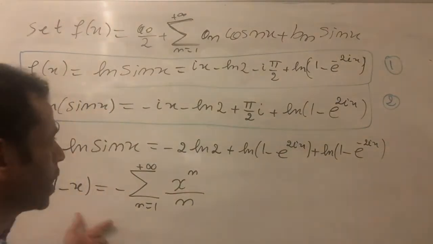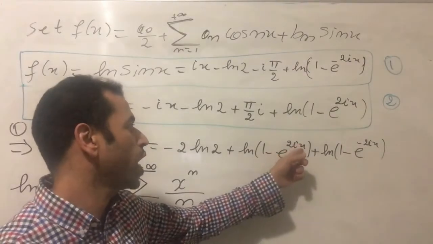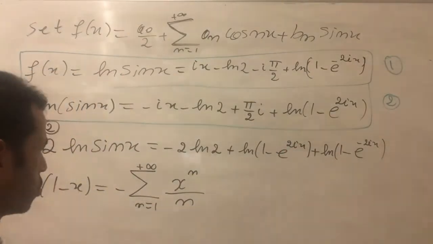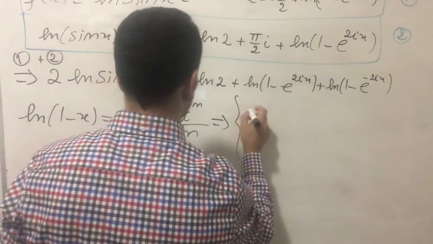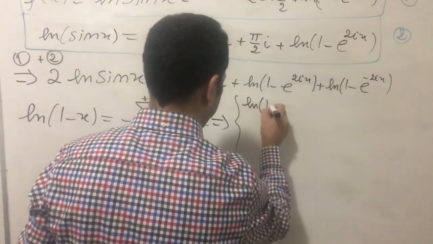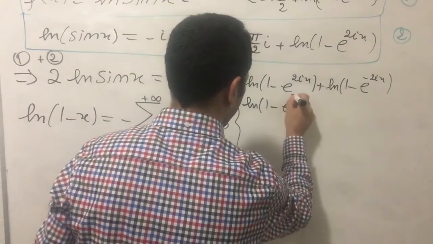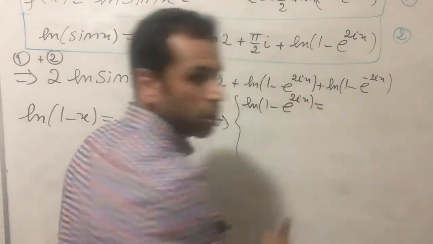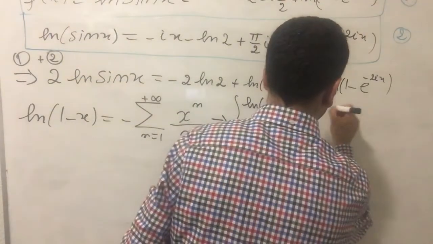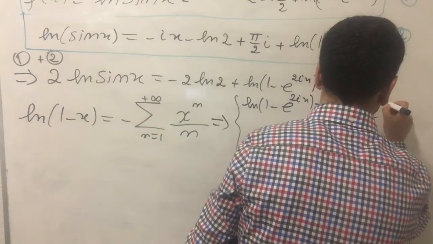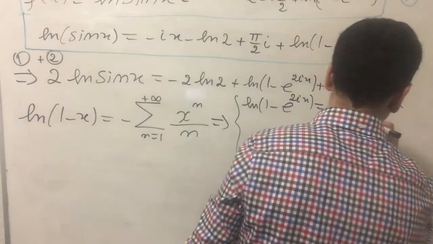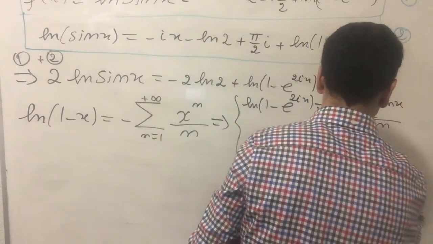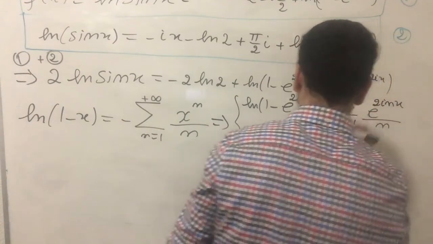I'm going to replace x with e to the 2ix. So natural log of 1 minus e to the 2ix equals minus the sum of e to the 2inx over n, as n goes from 1 to plus infinity.